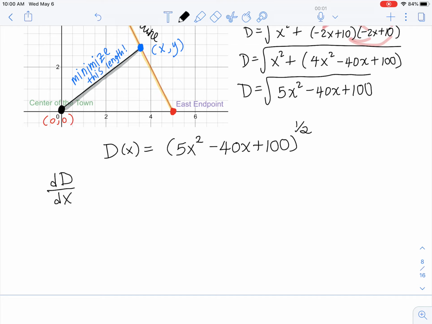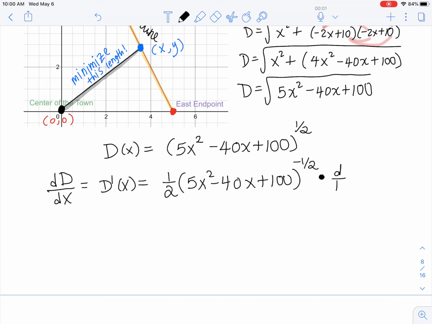Now I'm going to find the derivative of this. I think on the previous attempt, I just wrote it as dx, but that's the same thing as d prime of x, whatever notation you want to use. But let's find that derivative. 1/2 times, bring down that exponent, right? 5x squared minus 40x plus 100. What's the new exponent? You need to subtract 1 from 1/2. So that's going to be negative 1/2. And then remember, chain rule.